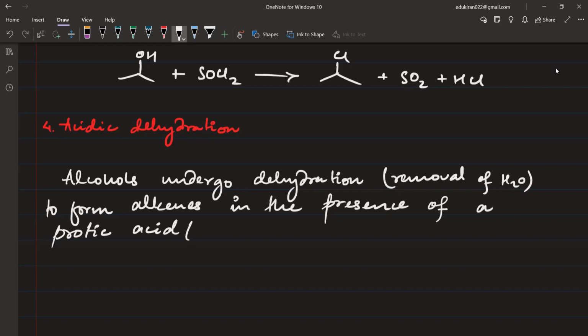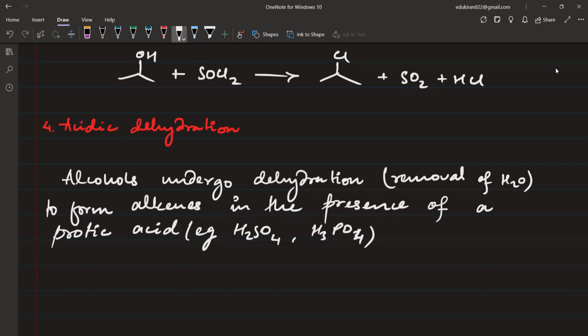What are protic acids? For example, H2SO4, H3PO4. These are examples of protic acids.